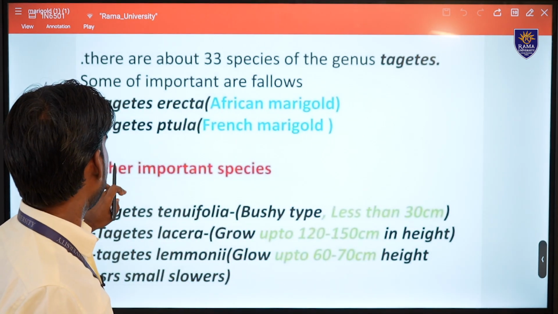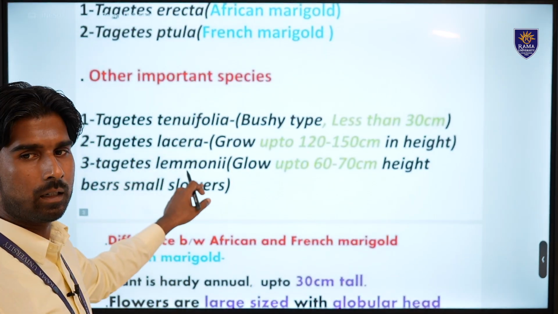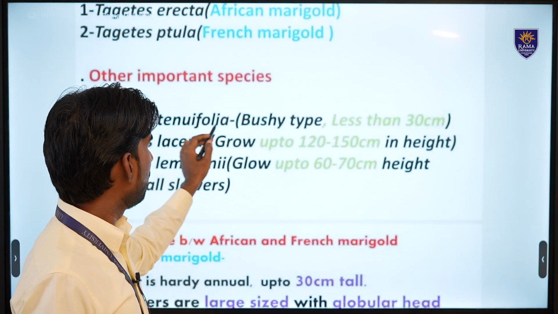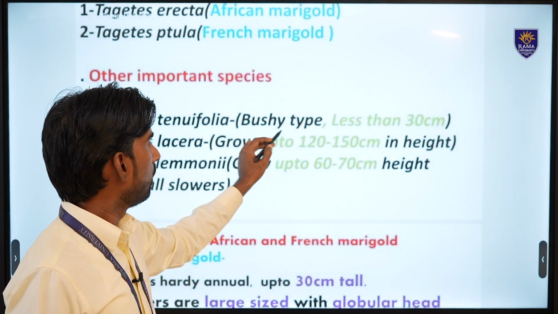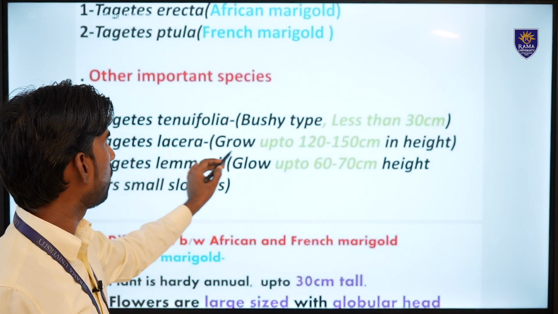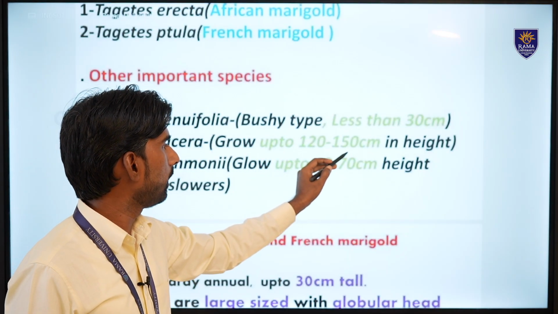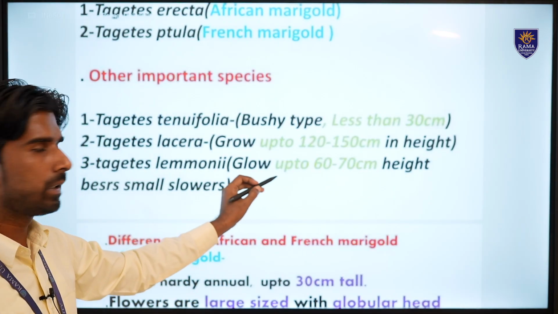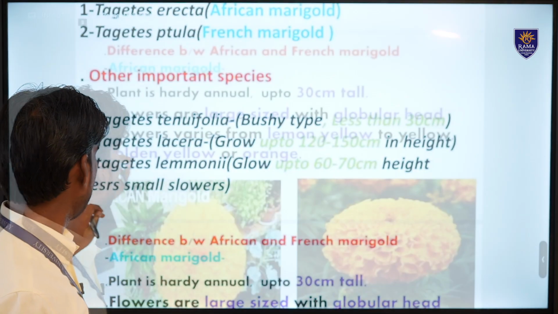Other important species: Tagetes tenuifolia is bushy type, less than 30 centimeter. Tagetes lacera grows up to 150 centimeter in height. Tagetes limonia grows 60 to 70 centimeter in height.